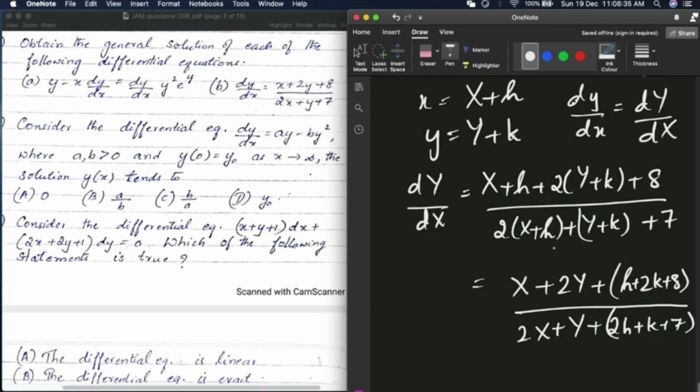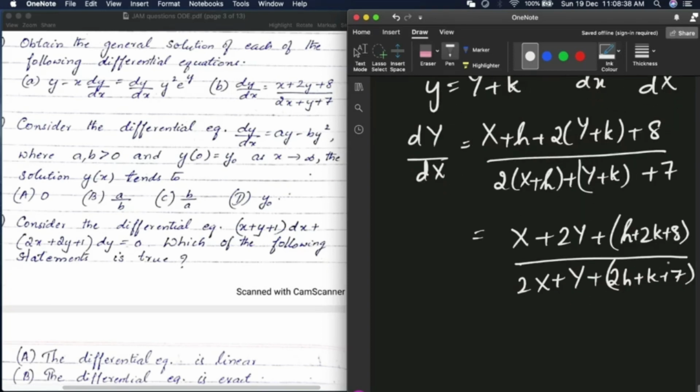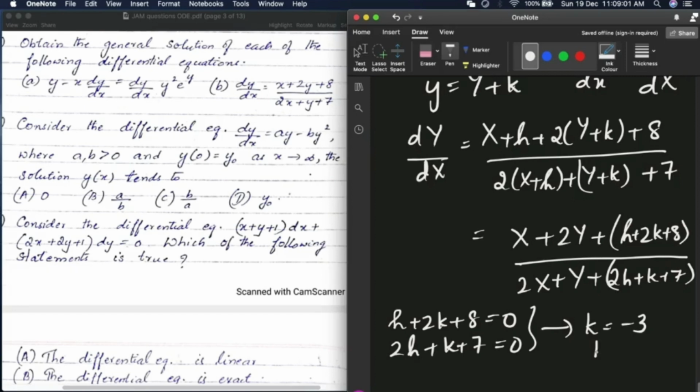So you're making this homogeneous by equating these two terms in the bracket as 0. So you have to solve them separately and find h and k. I think you get k is equal to, I've solved it, 3.